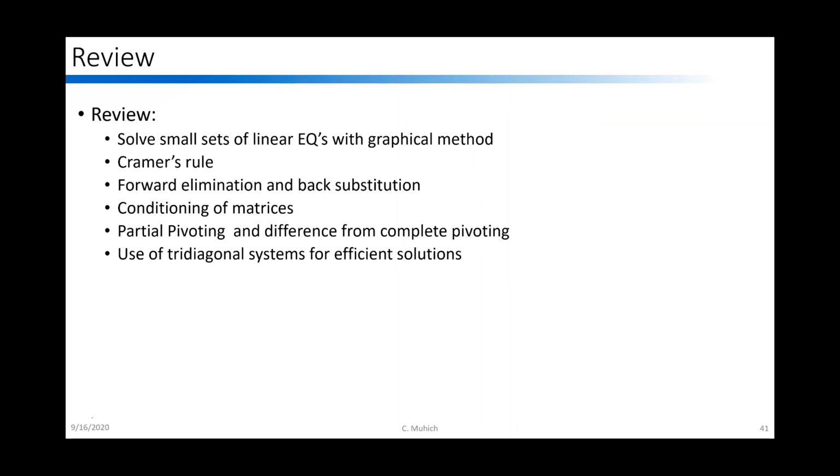You can understand the idea of conditioning of some matrices, so making sure that we have a diagonal which has a large number at the front, so we don't have these divisions by small numbers. If we do, we can use partial pivoting in order to make sure that we get large numbers on the diagonal. And then if we have a tridiagonal system, we have a relatively efficient and straightforward way to format our matrix.